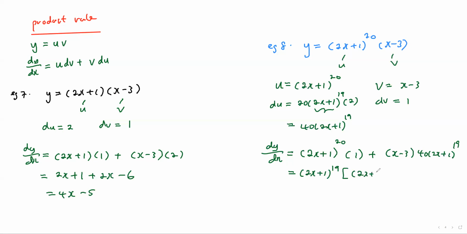Okay, so that would leave us with a 2x plus 1 here, plus a 40 times (x minus 3). Okay, so we can actually simplify this. All right, so this is 2x plus 40x, which is 42x, and this is 1 minus 120. All right, so that's minus 119. Okay, so that completes the differentiation.